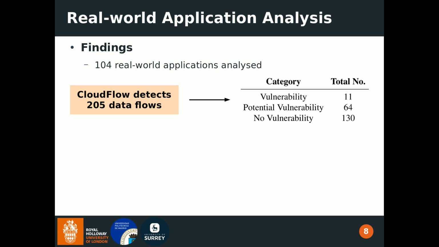As shown in the table, 11 of them are actual vulnerabilities, whereas 64 were categorized as potential. We adopted this classification when, for example, the number of involved function calls was high. In the remaining 130 cases, we found evidence that the data flows were not a security concern.